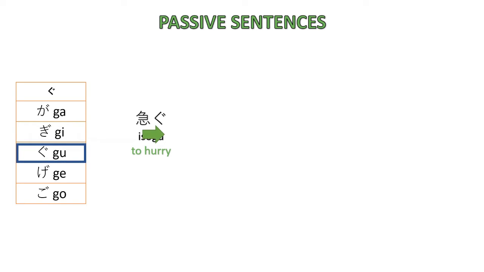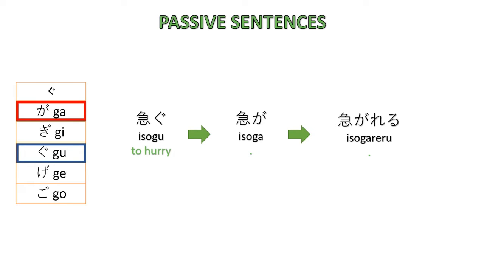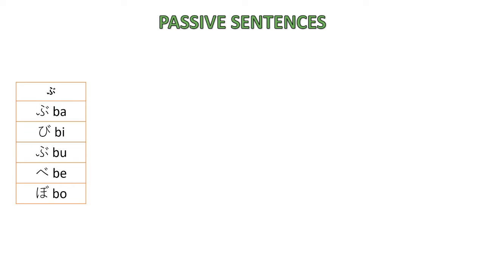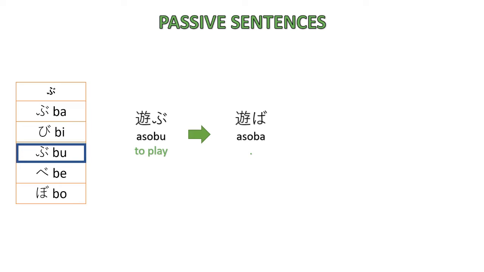Here it becomes isoga, and then add reru, isogareru. This is the passive voice. For verbs ending in bu, like asobu, becomes asoba, and add reru, asobareru.